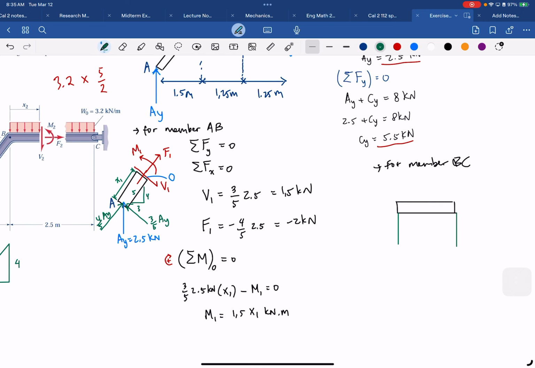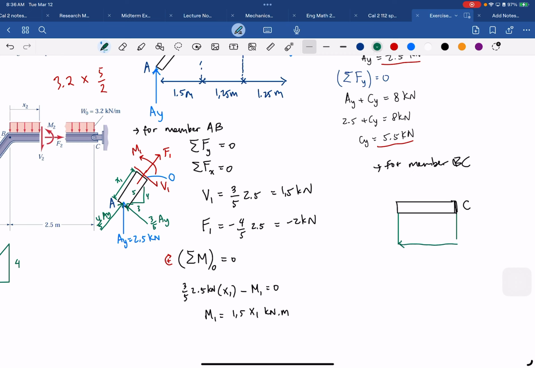And I will choose to make it a variation. Let me choose this as the C. And also we have the 3.2 kilonewton per meter that we need to multiply for the resultant force.